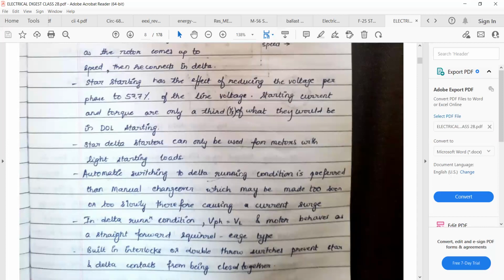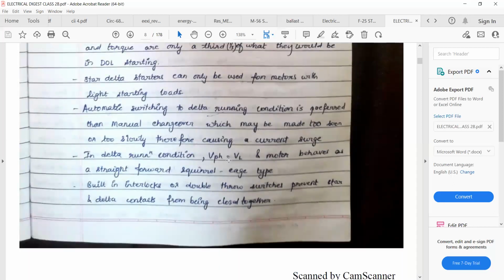Automatic switching to delta running condition is preferred over manual changeover, which may be made too soon or too slowly, therefore causing a current surge. In delta running condition, V phase is equal to V line, and the motor behaves as a straightforward squirrel cage type.